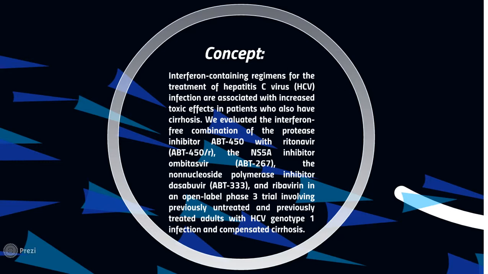We evaluate the interferon-free combination of the protease inhibitor with ritonavir, the NS5A inhibitor ombitasvir, the nucleoside polymerase inhibitor dasabuvir, and ribavirin in an open-label phase 3 trial involving previously untreated and previously treated adults with HCV genotype 1 infection and compensated cirrhosis.